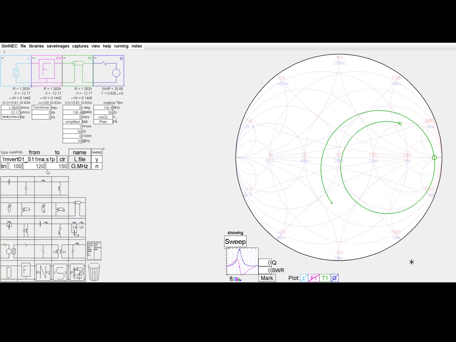I'll narrow the frequency range to just look at the arc in the small region. It makes it clearer to see what's happening. So here's a sweep from 120 to 150 megs, and we have a fairly shallow arc way out on the 50 ohm Smith chart. Now again, we can insert transmission line, and that will cause some rotation of that.